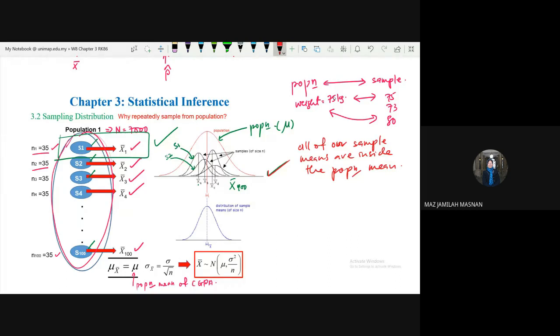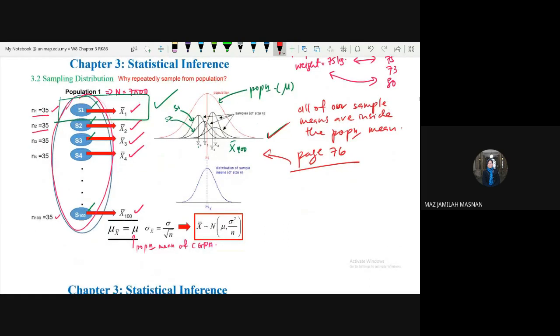You can see that conclusion on page 76: the sampling distribution of the sample mean and sample proportion, and the relationship between population distribution and sampling distribution. I want you to read this on your own. These are the conclusions when we do the sampling distribution and estimate from these different samples.